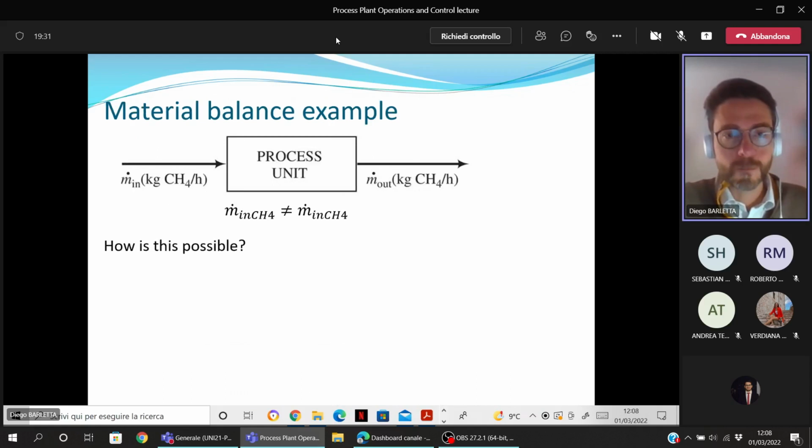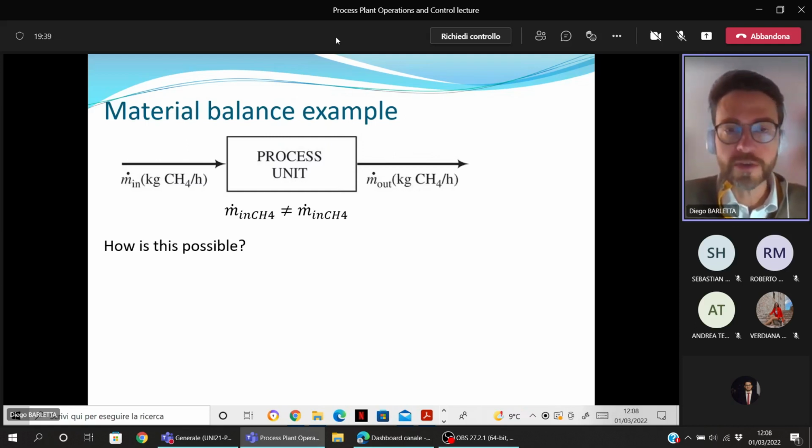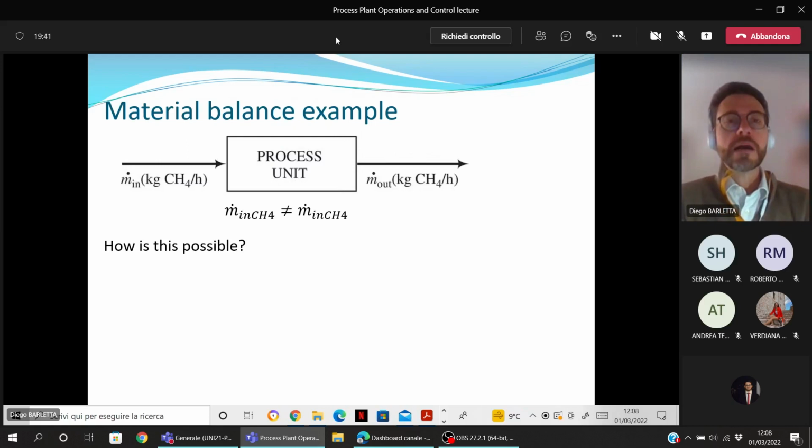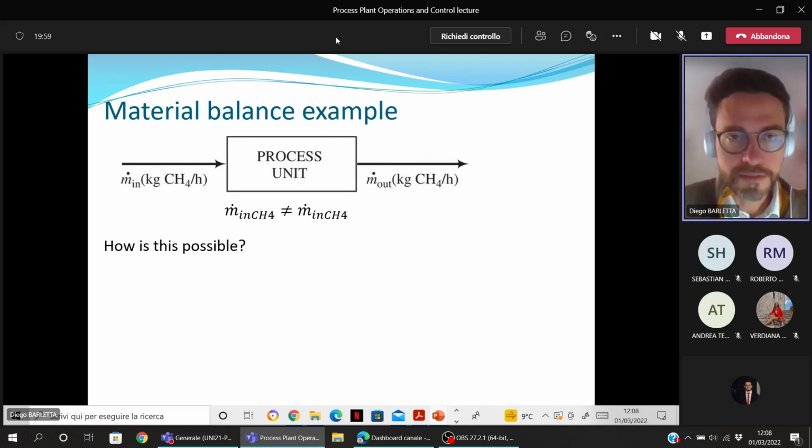Now, let's consider this situation. So we have a process unit, in which we have a stream entering. It's a material stream made of a certain amount of kilogram of methane per hour.